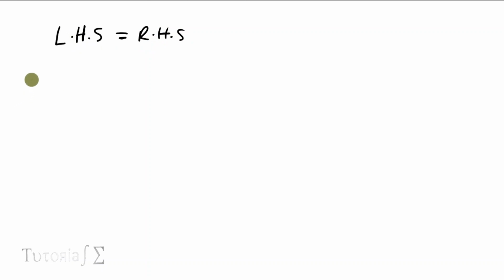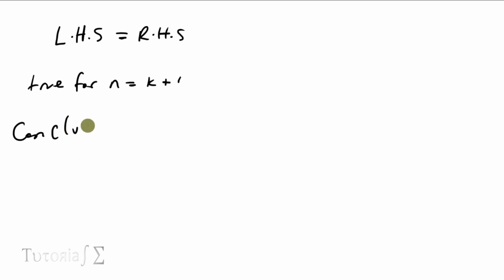Then we make a conclusion to say true for n equals k plus 1, since the left hand side is equal to the right hand side. Then you make a conclusion. Always make a conclusion.